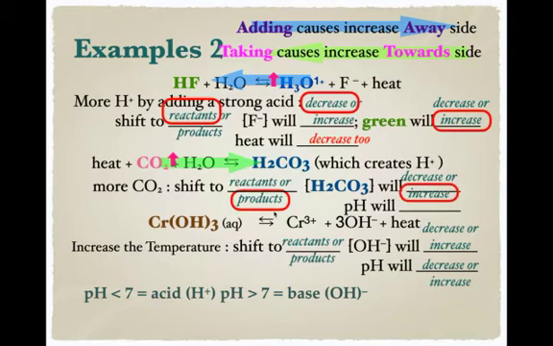That means that we'll increase the product of carbonic acid, and it turns out that the pH will go down. If we add more heat, which is what this says, increased temperature, will shift away. That will shift towards reactants. It will make the OH decrease, and that will make the pH increase.